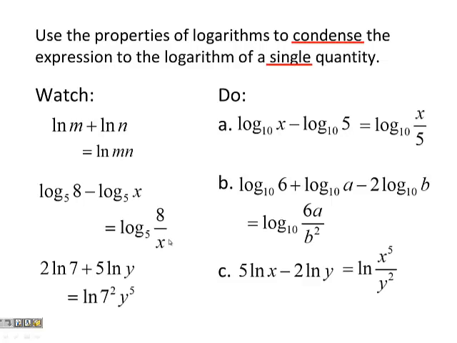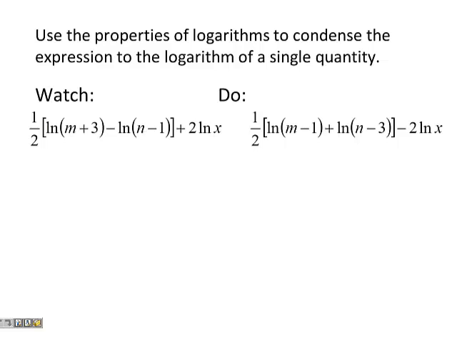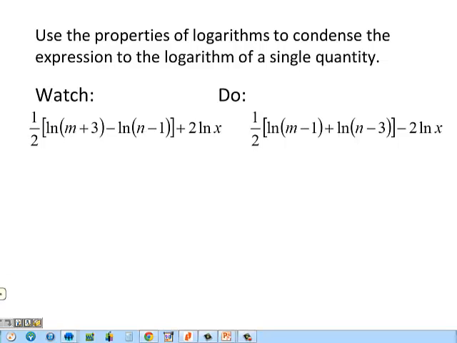Okay, let me scan through this. Okay, now we have a longer one to do. I'm going to condense this longer one, and then you're going to do this one. So first, I'm going to start within the brackets or the parentheses, and this is a log of m plus 3 minus, so this is a division now, so I'm going to rewrite this as natural log of m plus 3.